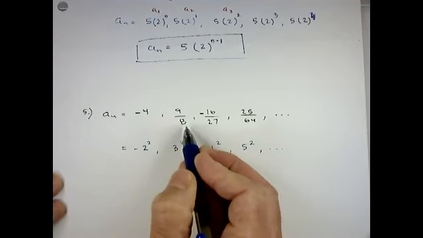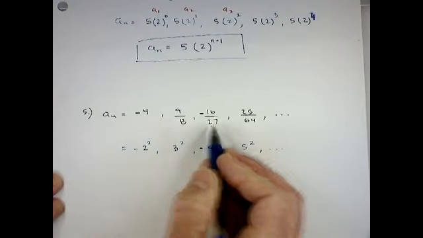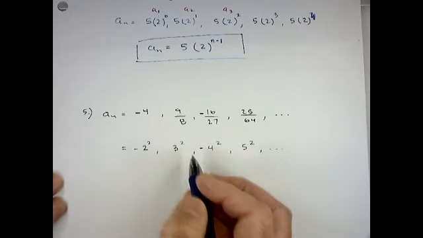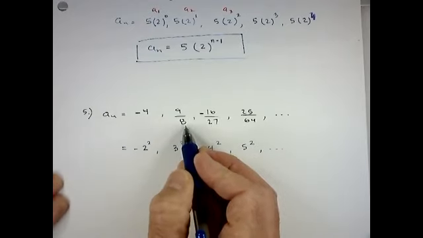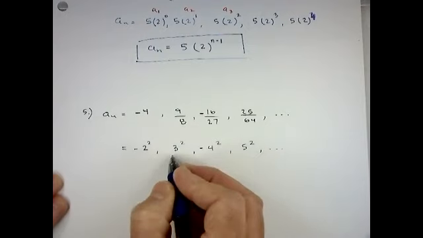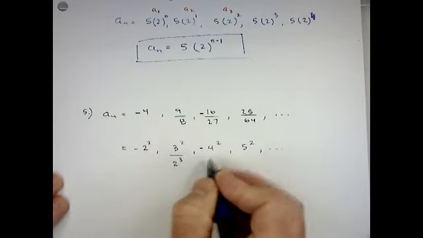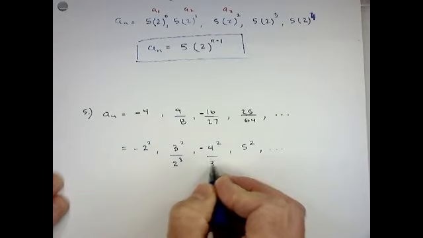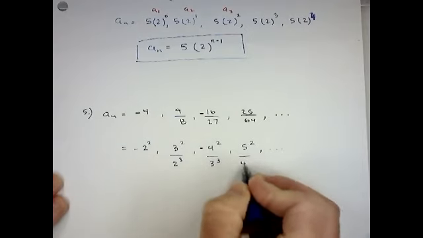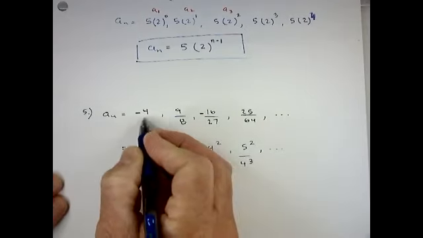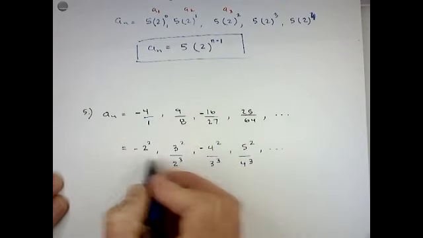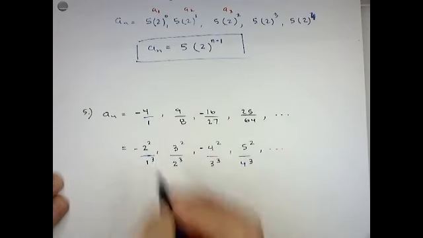How about the bottom? 8, 27, 64. You hopefully recognize those as perfect cubes, right? 8 is 2 cubed. 27 is 3 cubed. 64 is 4 cubed. And okay, you could always argue there's a 1 under there, right? Which is 1 cubed.